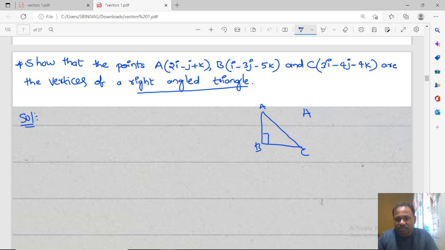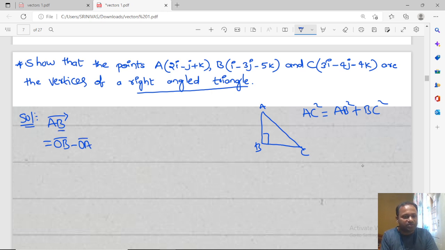What is that Pythagoras theorem? AC square is equal to AB square plus BC square. Depending on the question, we need to check. First of all, I will find AB. AB vector means we can write it as OB minus OA.